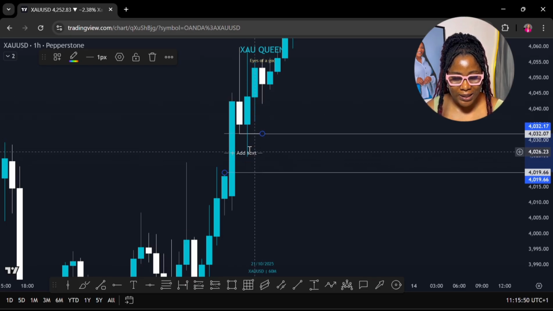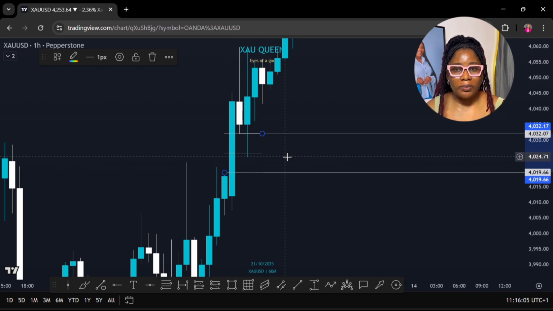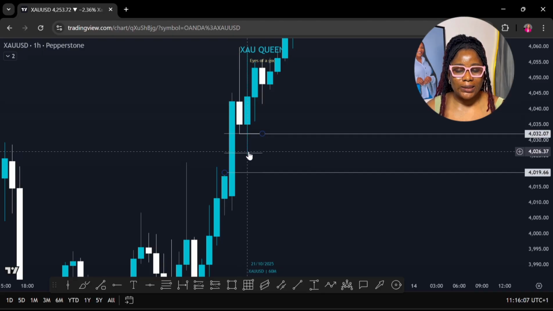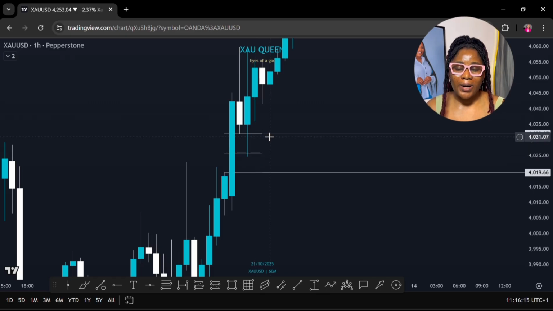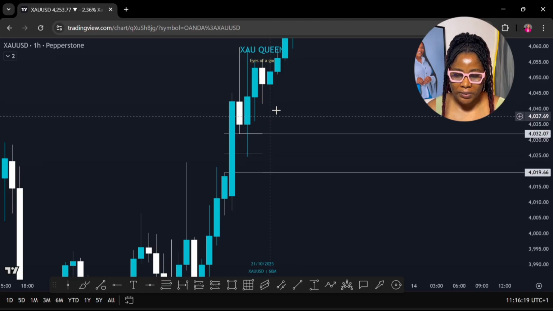You see the consequent encroachment. I told you that most fair value gaps, the price, not always, majority of the time uses the consequent encroachment, CE for short. That's why most people that trade FVGs are always setting their limit at 50% of that FVG. Why? Because maybe 90 is too high, but 80% of the time, price uses the consequent encroachment for more push to the upside.